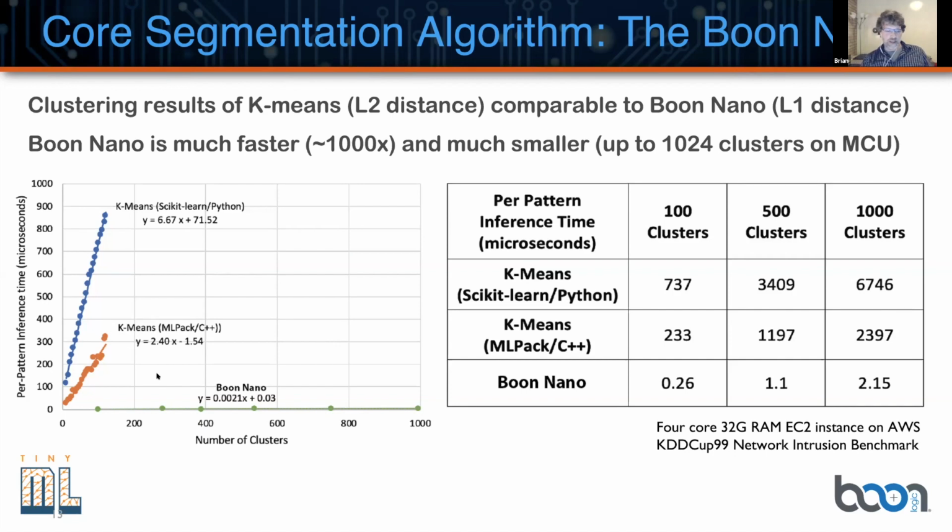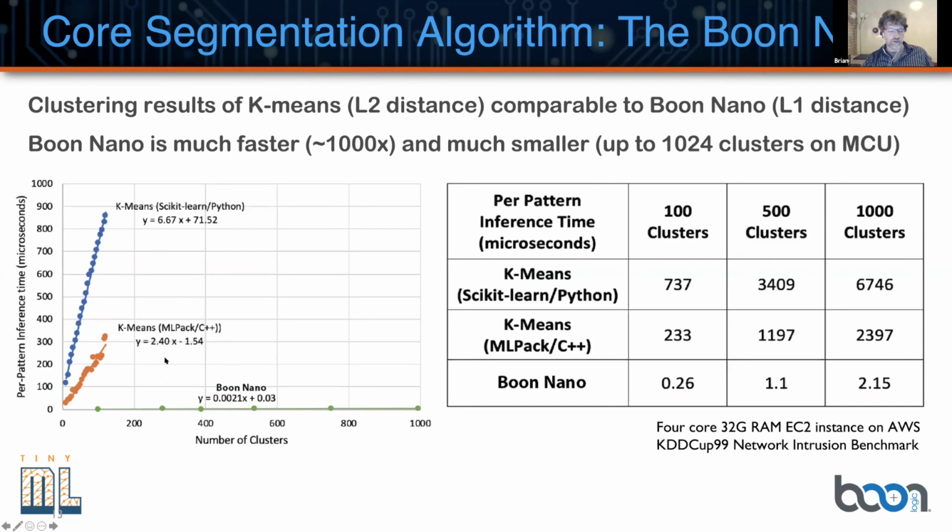We did not want to try to implement k-means on a microcontroller, so we ran our benchmark in the cloud. And you can see here the k-means from mlpack, which is an excellent, very high performance k-means for C++ based environments. It has a growth constant of about 2.4. This is as cluster count increases, right? As cluster count increases, the search space increases, and the per pattern inference time in microseconds goes up.